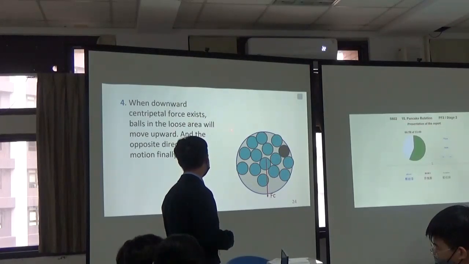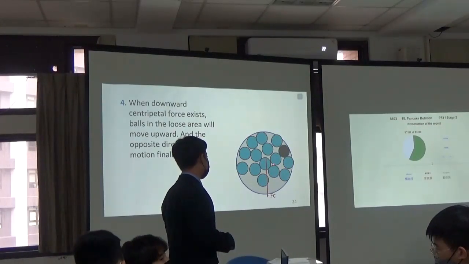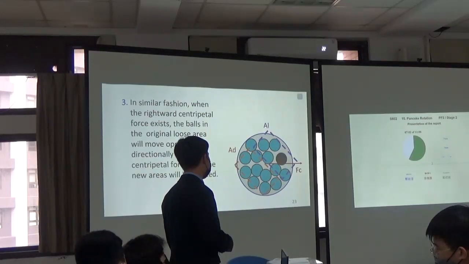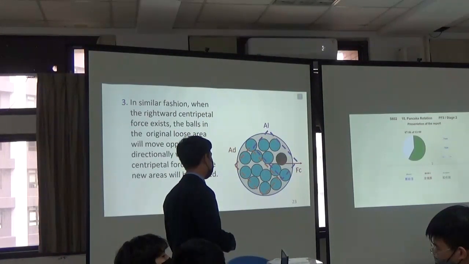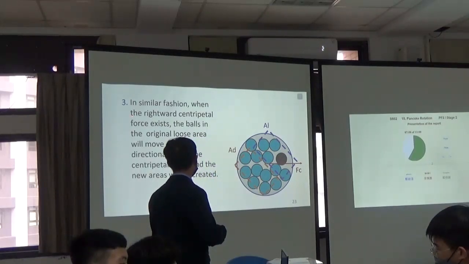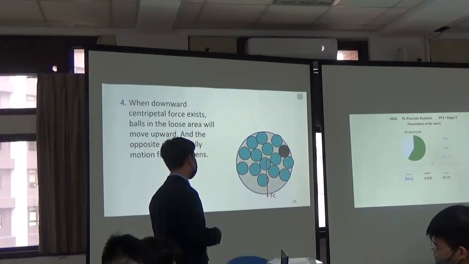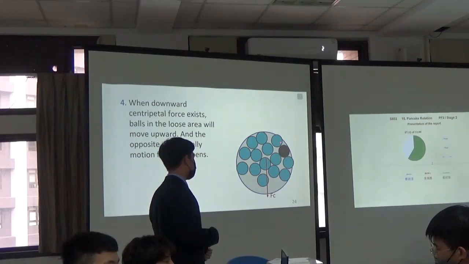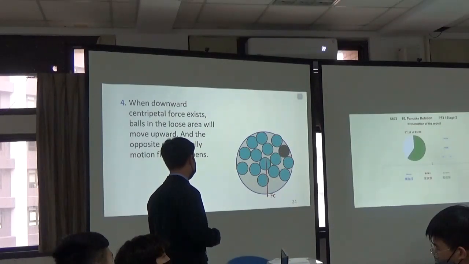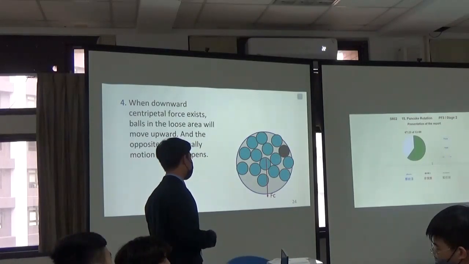When the downward centripetal axis, because the black ball is in the loose area in the third step, it can move freely. So when the centripetal force is downward, the black ball will go up. So the opposite directional motion will happen.